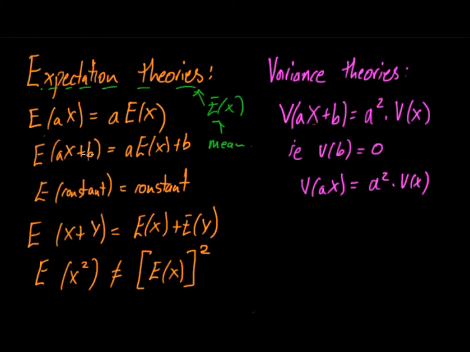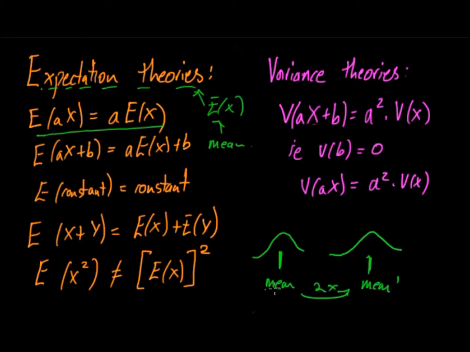You can think about it like E(aX) equals aE(X). What that's basically saying is that if you have a mean here, and you multiply every value by 2, then your distribution is going to look something like that, and the new mean will be 2 times whatever the old mean is.